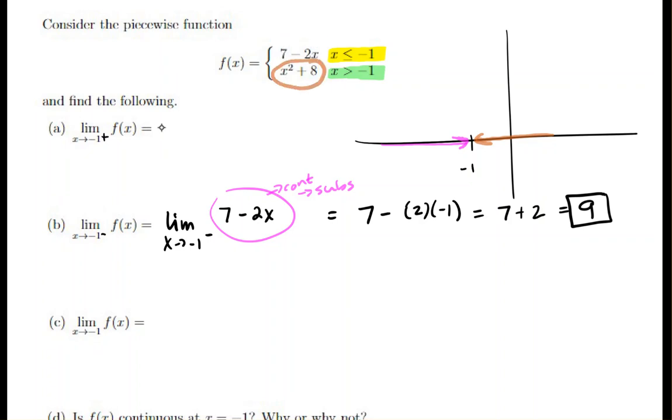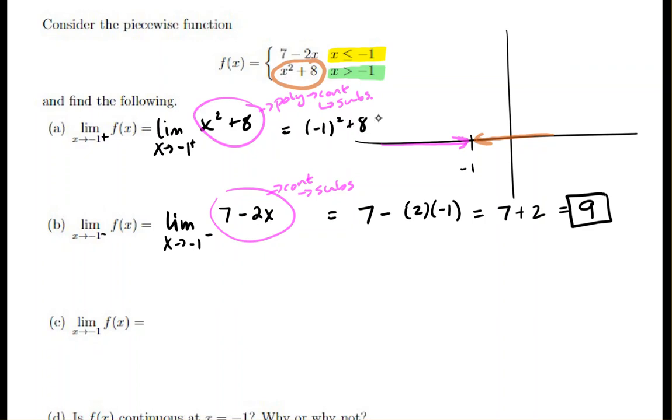That's why the limit as we approach from the right is the same as x squared plus 8, which we know is a polynomial, which we know is continuous. So we can use our substitution theorem, and it's the same as -1 squared plus 8, which is 9.